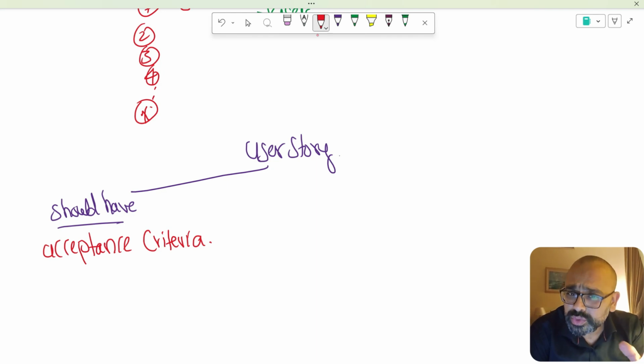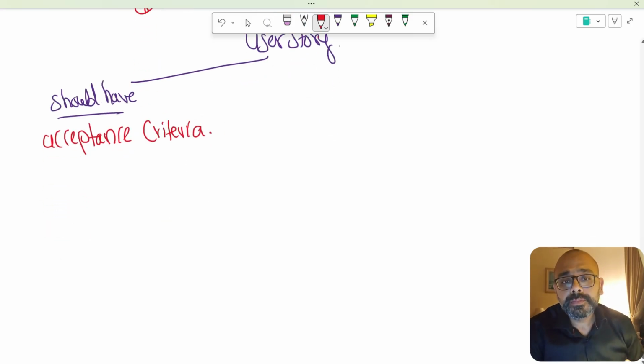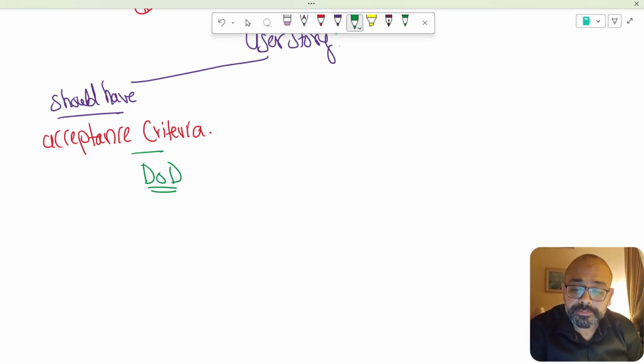And how to do that? How to set up an acceptance criteria? The team will work together along with the product owner and the scrum master. All of the team members, including the product owner and the scrum master, will have a DOD. Now what's a DOD? DOD is basically a checklist.